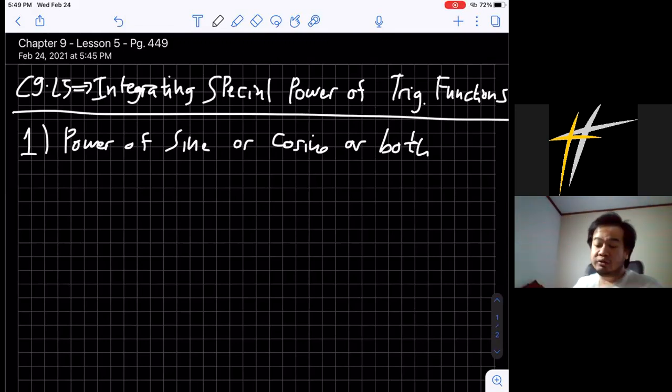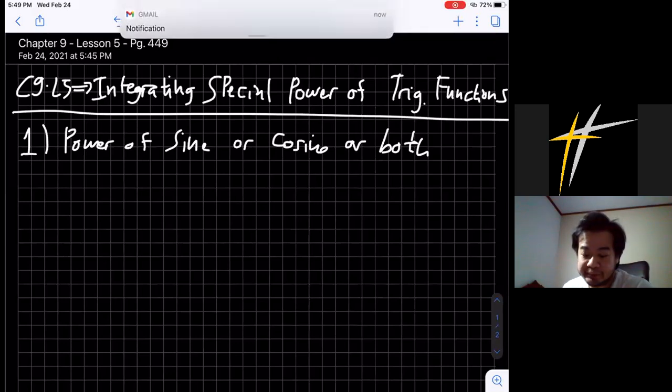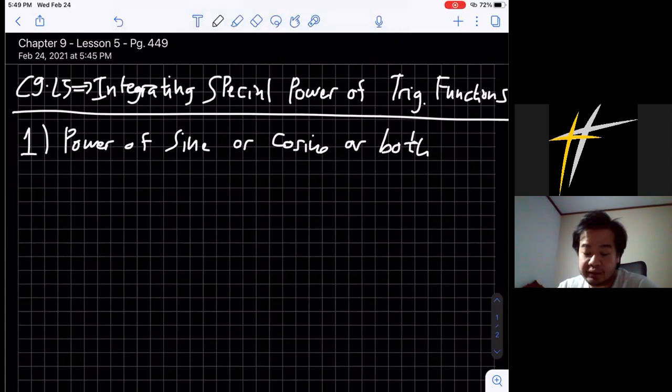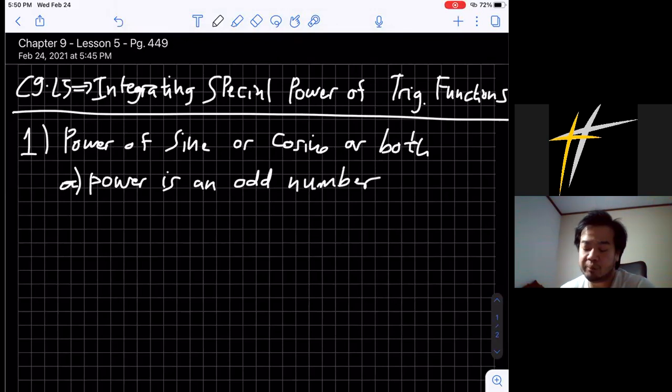So for the first one, we're going to discuss the integral of power of sine or cosine or both. Now we're going to learn about A, if the power is an odd number. This is easier. If the power is an odd number, it's easier to solve it than if it is an even number.